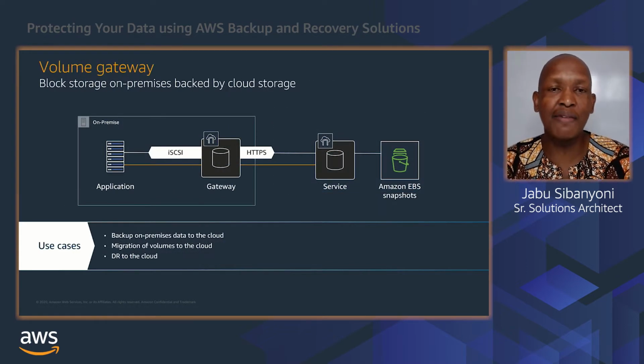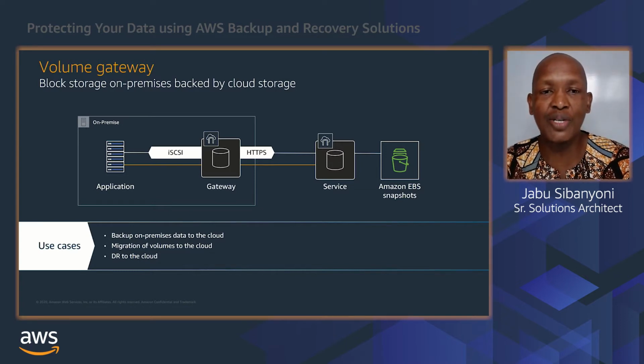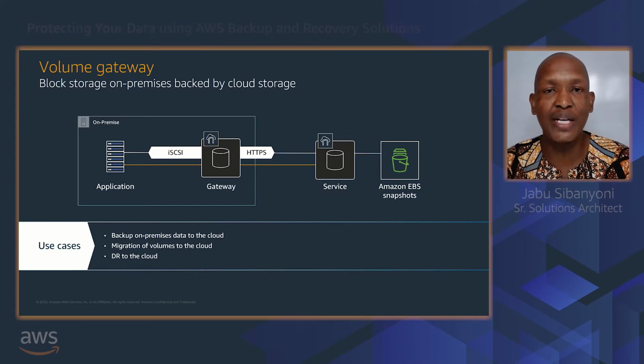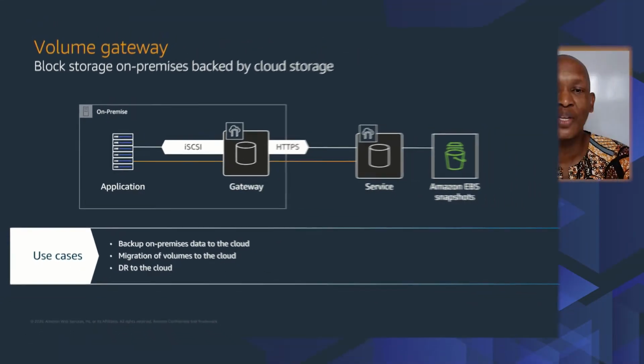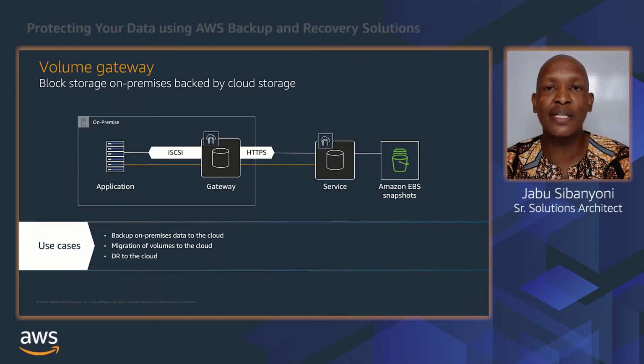The last type in the Storage Gateway family is the volume gateway. Volume gateway is for your block storage data from on premises that can be backed up to cloud storage. This is a service that can be used for disaster recovery as well, for your on-premises applications.